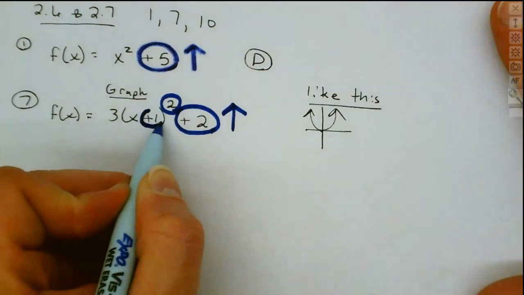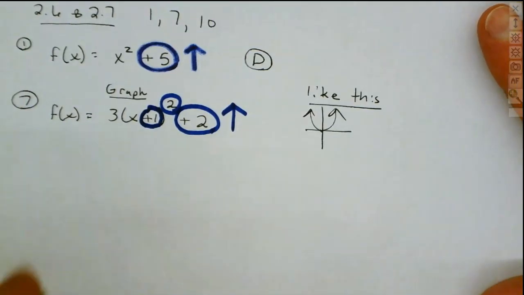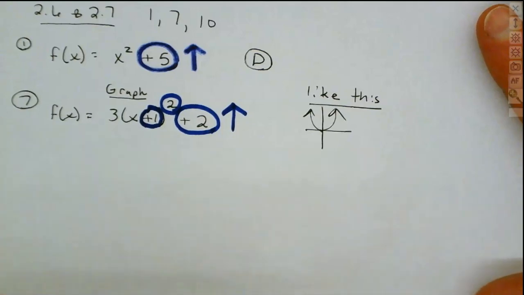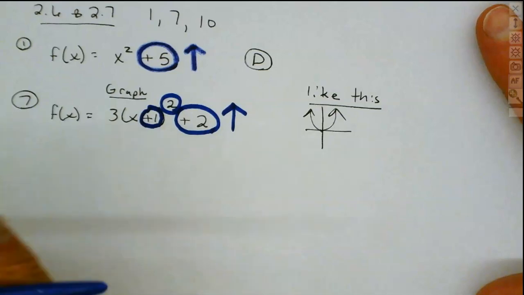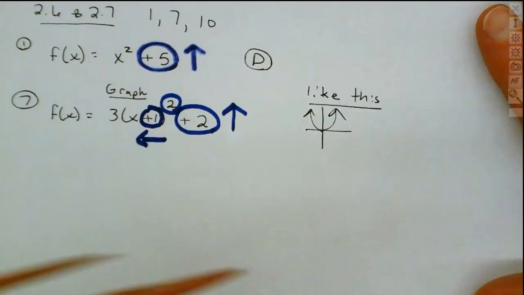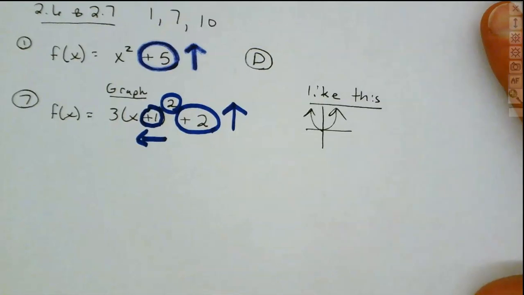The number inside is a 1, and it is positive. I always remember it's the opposite of what you think it should do. So you would think it's positive 1, so we would move it forward 1 unit. No, it's the opposite, so it makes it do what? Back 1 unit. That's the way I remember.